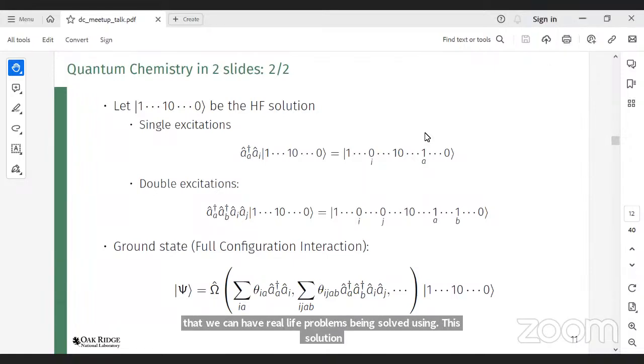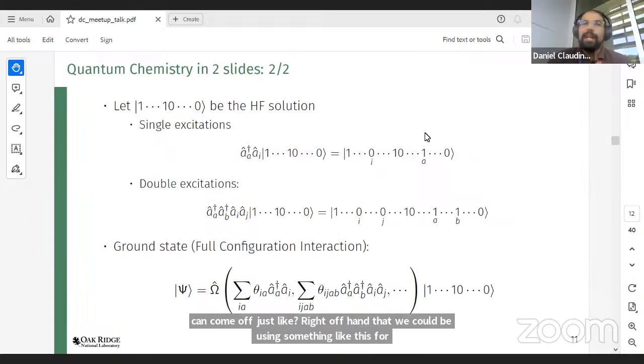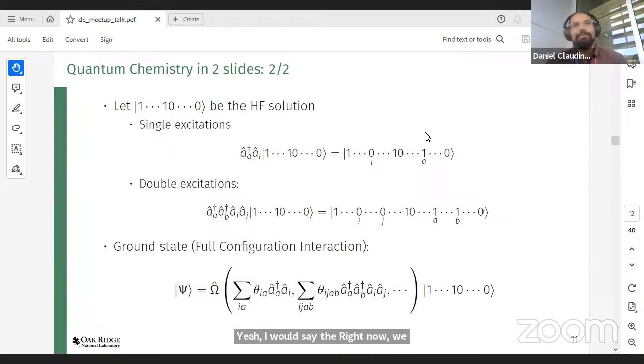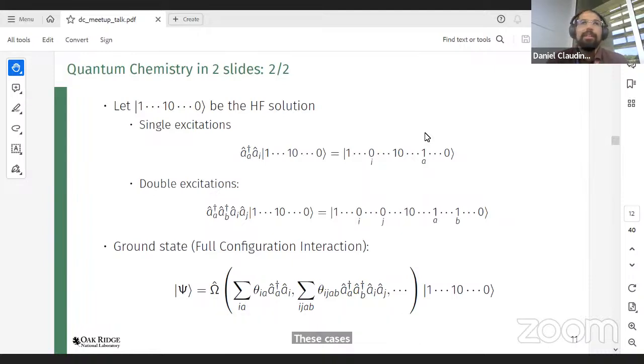What are some of the applications that you can come up with right offhand that we could be using something like this for? Yeah, I would say right now there's a few use cases, like the one-way correction you were mentioning, and the bottleneck that we are seeing is quantum compilation.